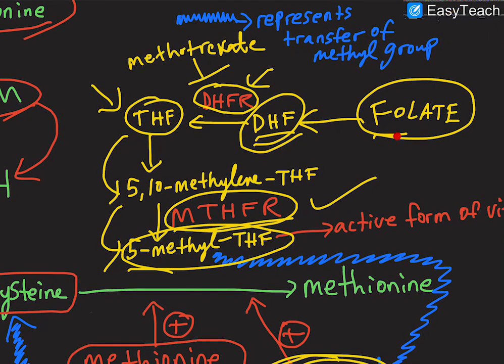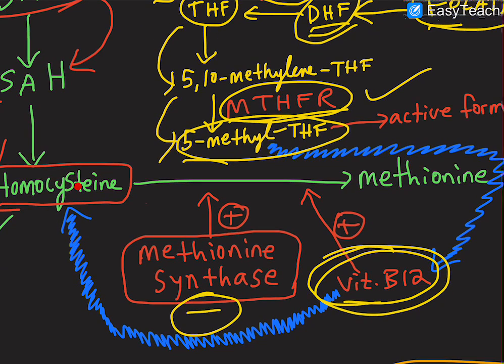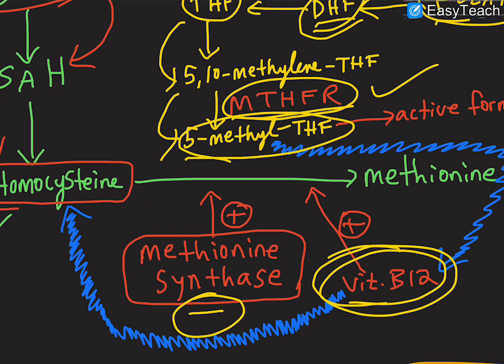So if you don't even have folate in the first place, then you can't get to this active form of vitamin B9, which means you can't convert homocysteine to methionine, so homocysteine levels will build up. That's important to keep in mind as a cause of homocysteine buildup. So that's the remethylation pathway.